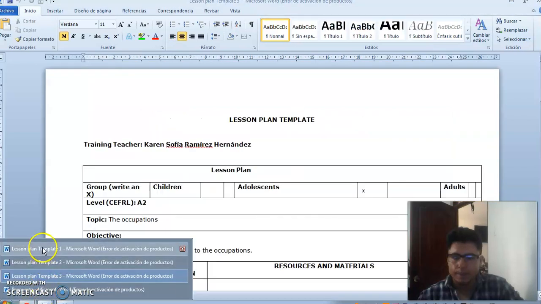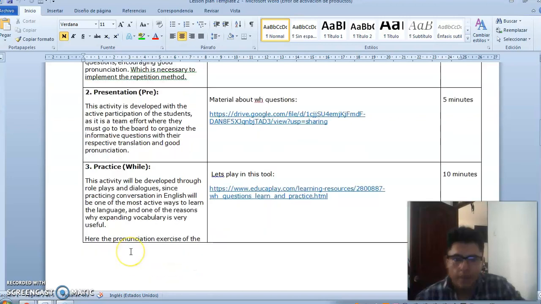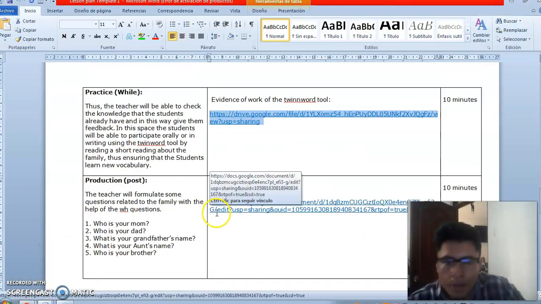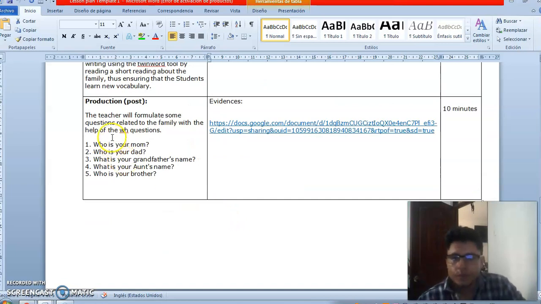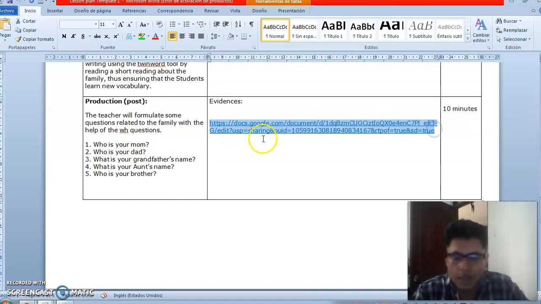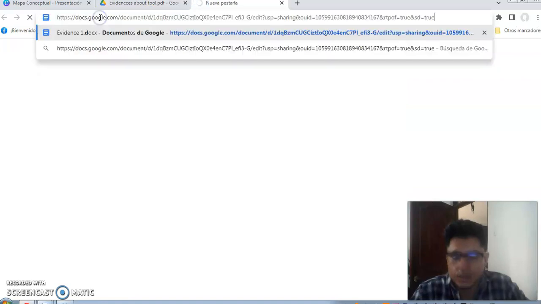Production: the teacher will formulate some questions related to the family with the help of the WH questions. Teacher, there is more evidence about this activity.